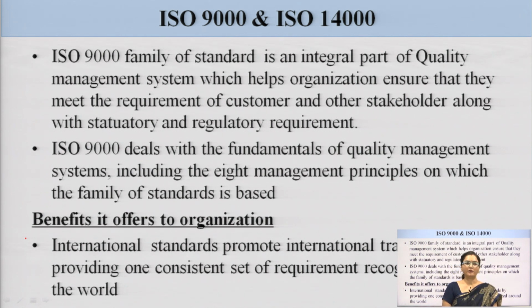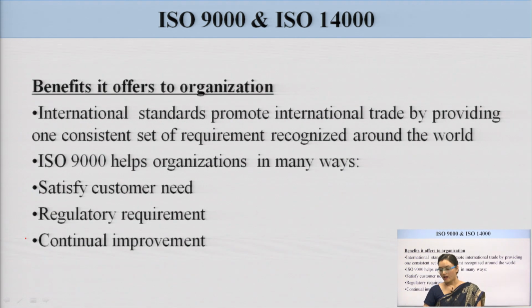Basically, ISO 9000 deals with the fundamentals of quality management system, including the 8 management principles on which the family of standards is based. Now, what are the benefits it offers to organizations?